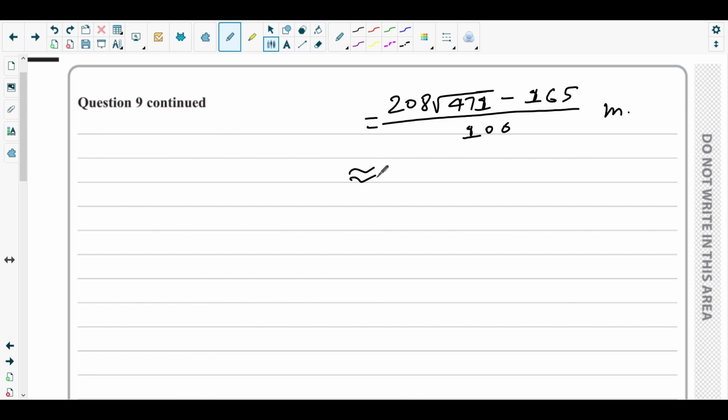It can be written to three significant figures as 43.5 meter.